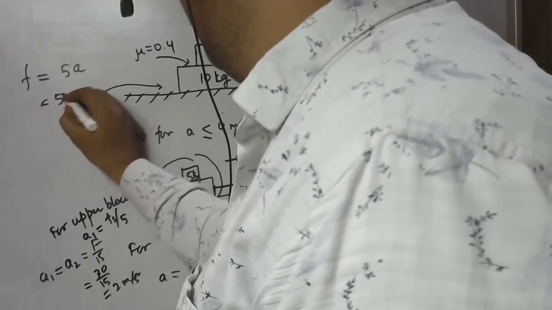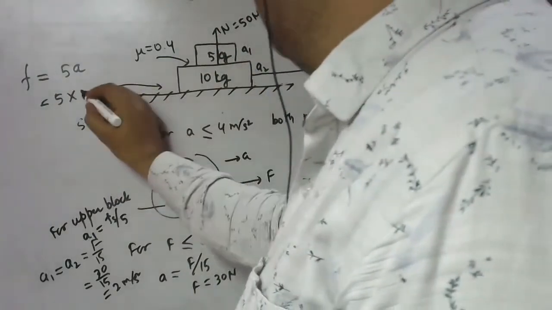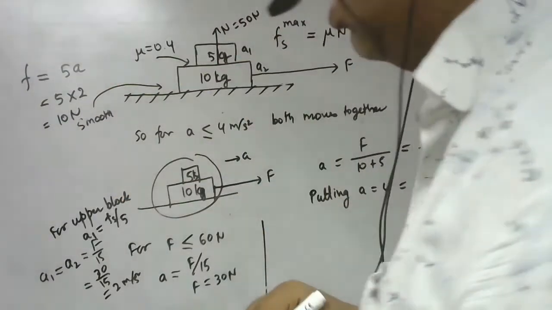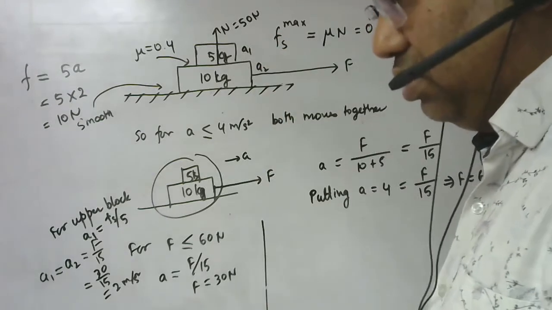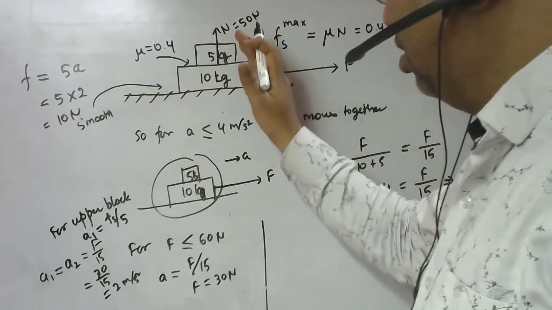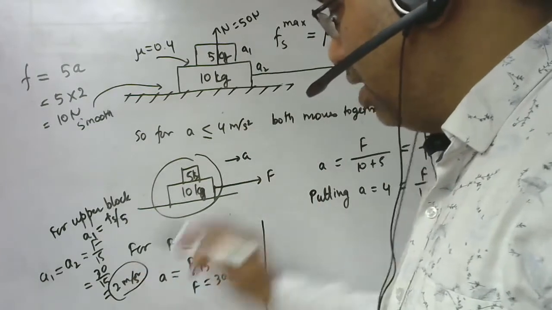Now a is 2, so Fs is 10 Newton. So the static friction between the two blocks is 10 Newton here, and the acceleration is 2 meter per second square for both blocks.